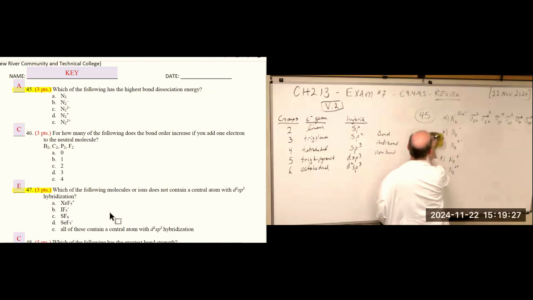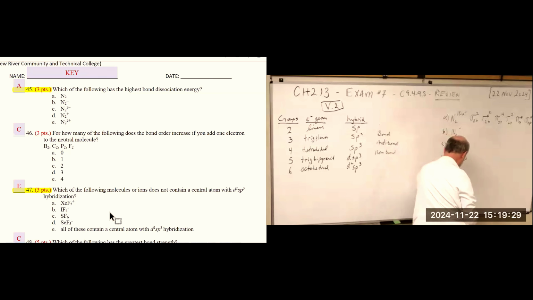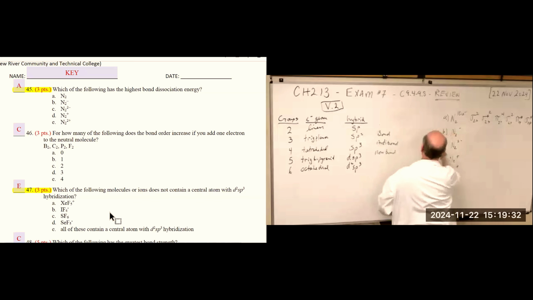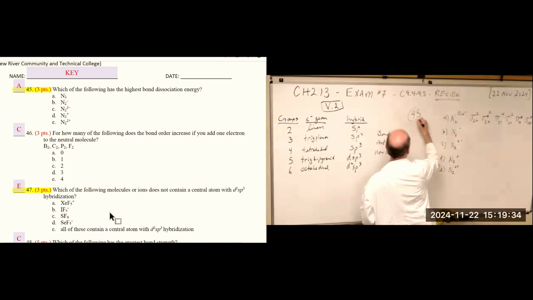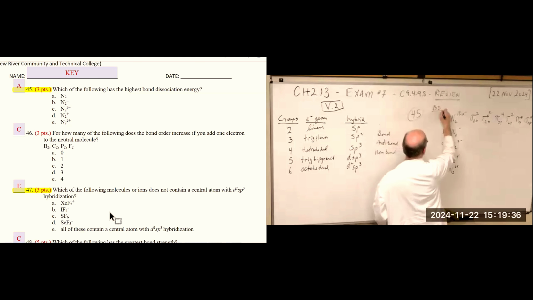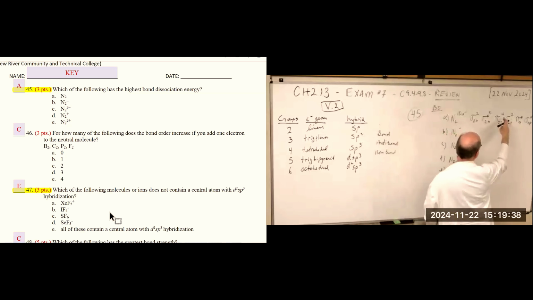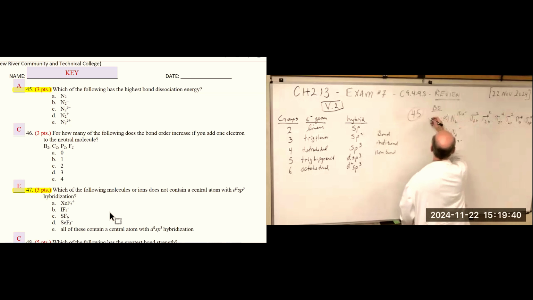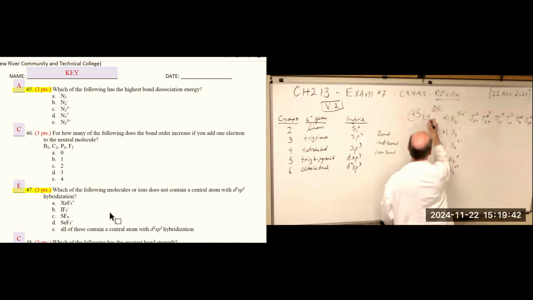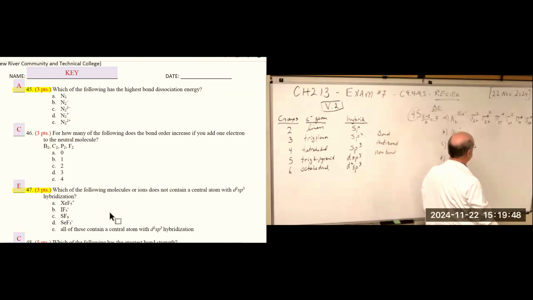So the bond order, let's move this out of the way a minute. So the bond orders here would be 4, 5, 6, 7, 8. 8 minus 2 over 2 is 3. Okay? If we add an electron, where is it going?